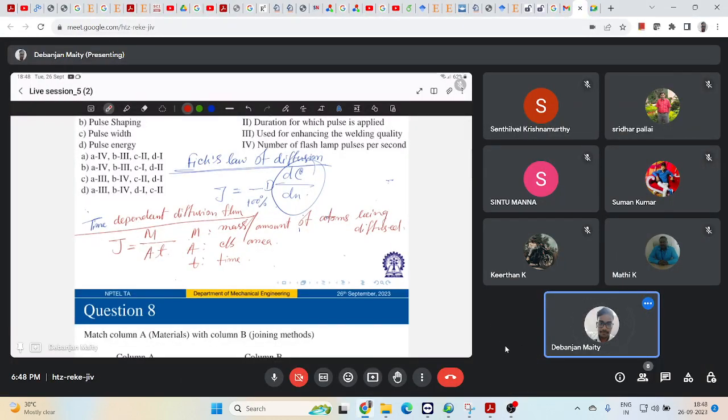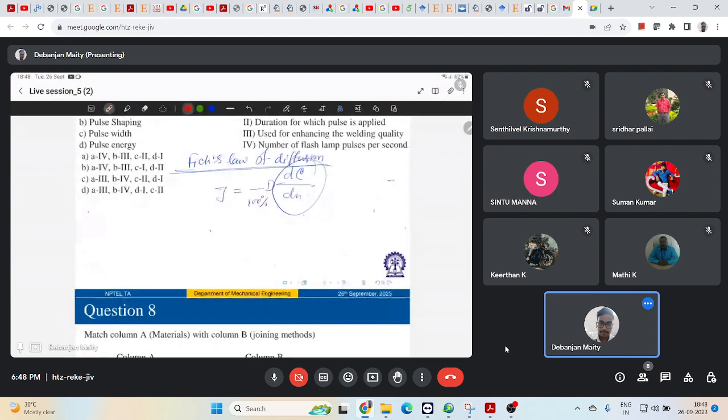So at the end of the day, we'll get some equation to get this time of diffusion also.